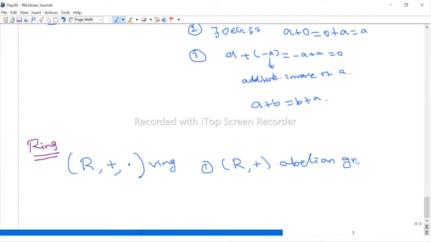We know what an abelian group is with respect to addition. Now with respect to multiplication, the set R forms a semigroup.